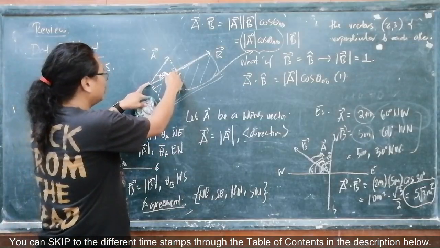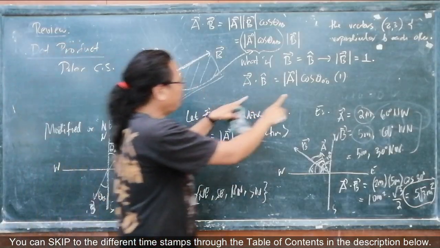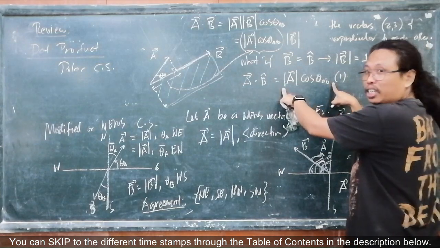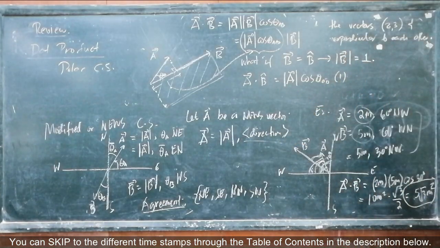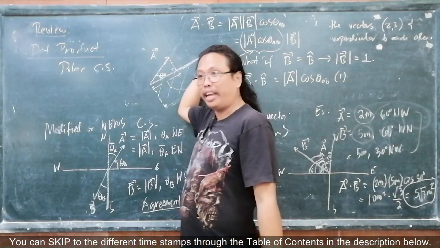So, that shadow is this one. A cosine theta. Now, to find that one, all we have to do is convert B to a unit vector.